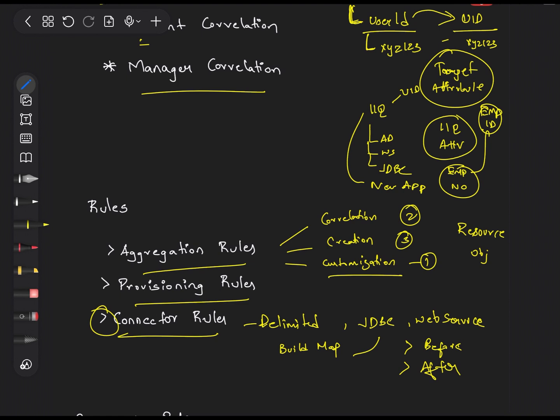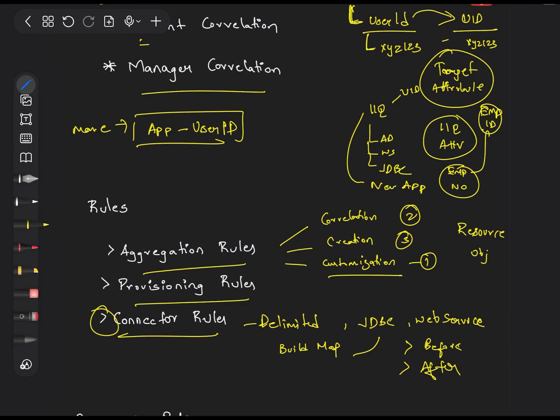If correlation didn't happen, IAQ will check whether any creation rule is there or not. Again, if a creation rule is not specified, IAQ will go for the default inbuilt creation rule. So if you want to create an application specific creation, let's say you are onboarding users and they didn't get correlated, and you want to create a user with your own logic, like with app and user ID, with a name created in this format, you need to specify those things in the creation rule.